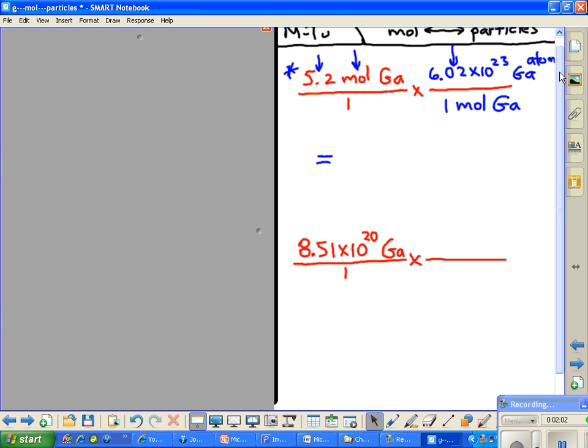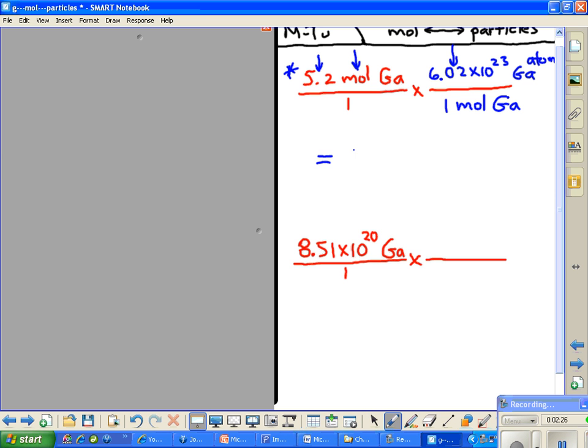And that number is going to come out to 31.304. Now, as we look at the two numbers involved in that process, the 5.2 is only 2 sig figs, so that's all the sig figs we can have in our answer. And even though there's a lot of numbers on the calculator, we can only have 2 significant figures.